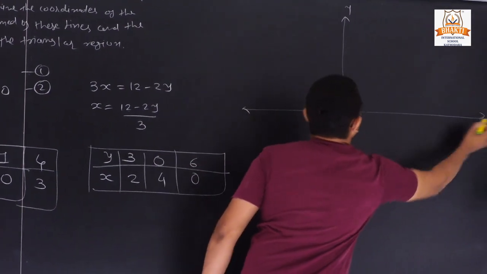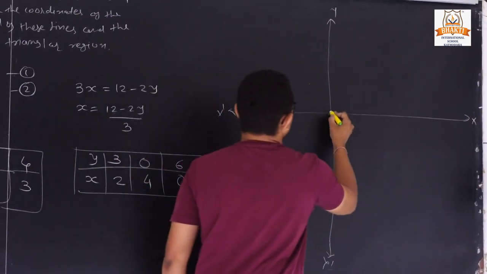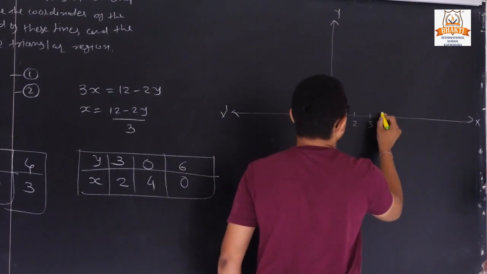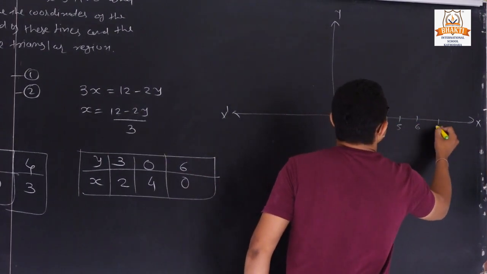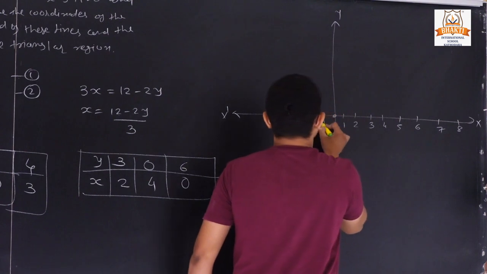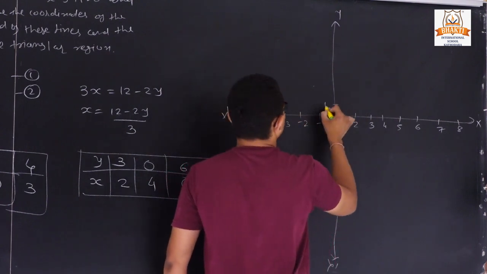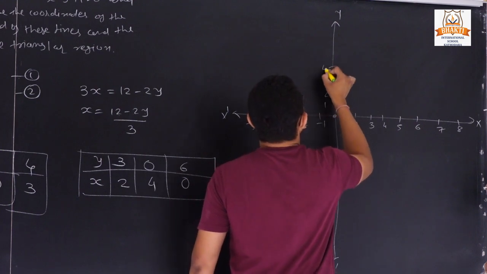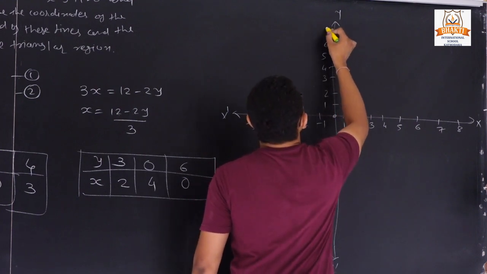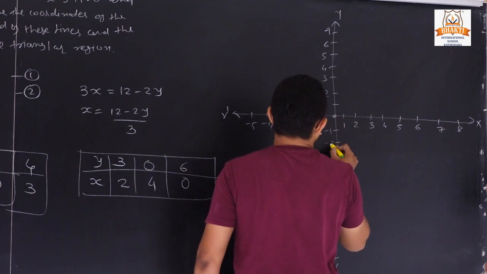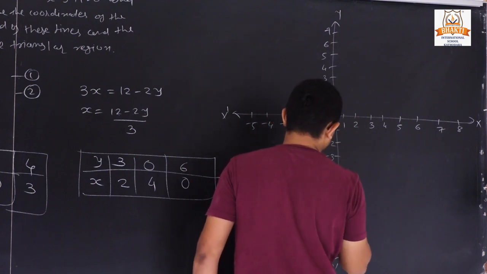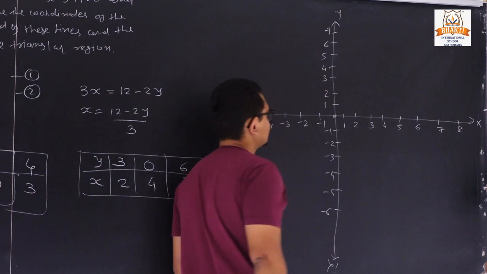Y dash, x dash. So here we have 1, 2, 3, 4, 5, 6, 7, 8. Minus 1, minus 2, minus 3, minus 5. Then 1, 2, 3, 4, 5, 6, 7. Minus 2, minus 3, minus 4, minus 5, minus 6.